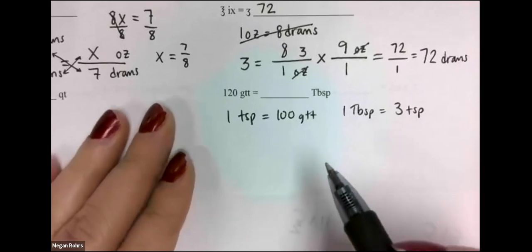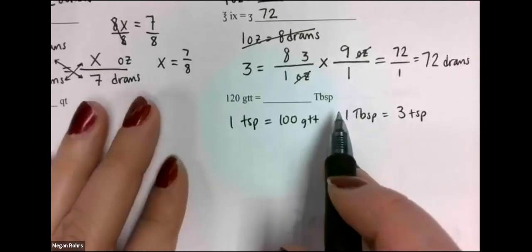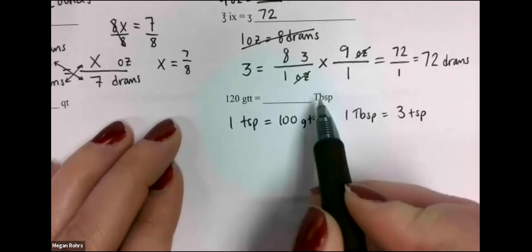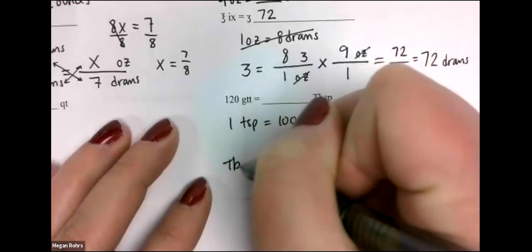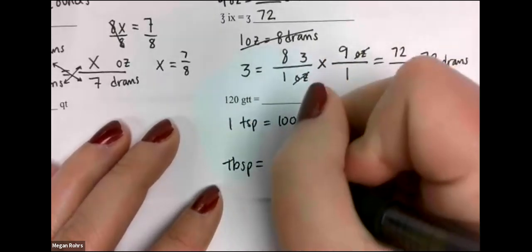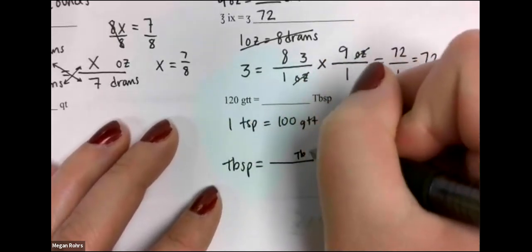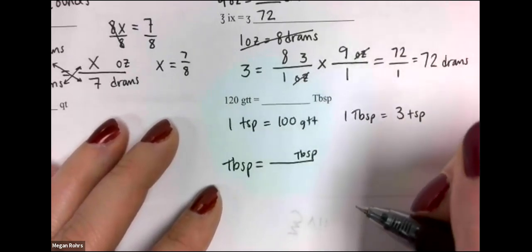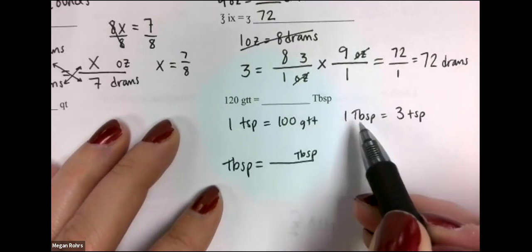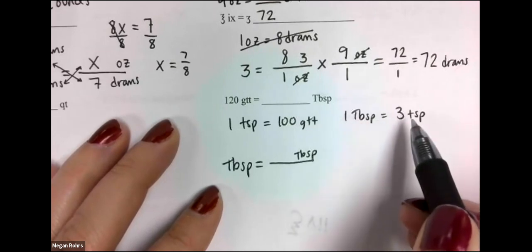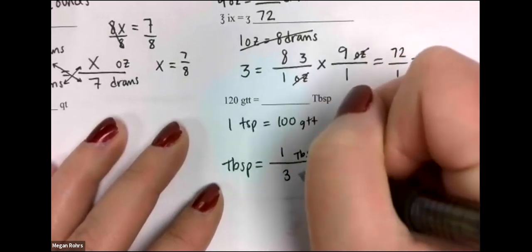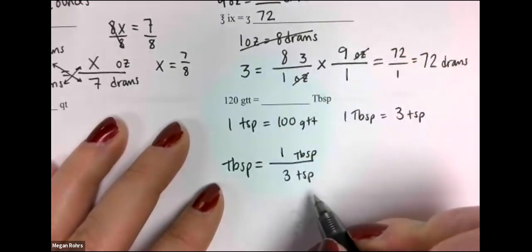So dimensional analysis, set it up just as we have before. Start with what we're looking for. We're looking for a tablespoon. Follow that with an equal sign and a fraction that has that in the numerator. So now, what do I know here? The only thing I know is that 1 tablespoon is equal to 3 teaspoons.